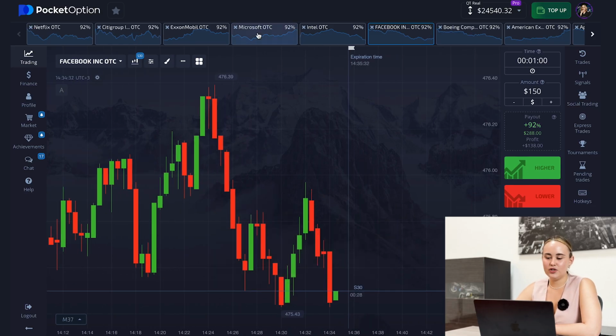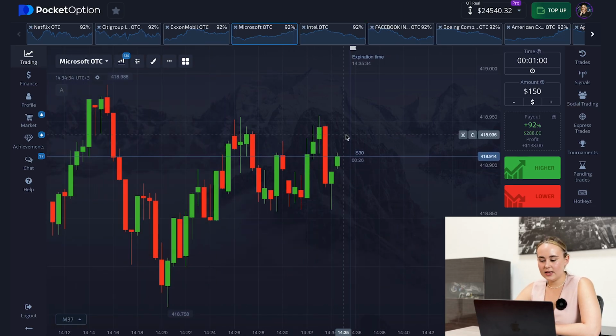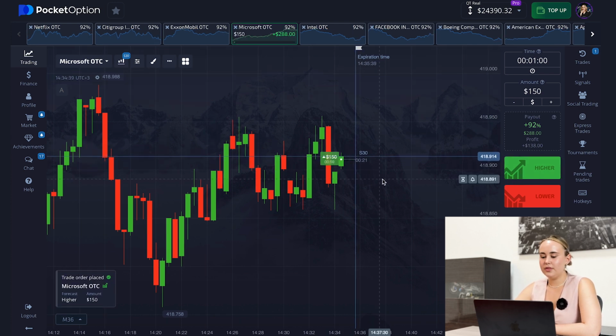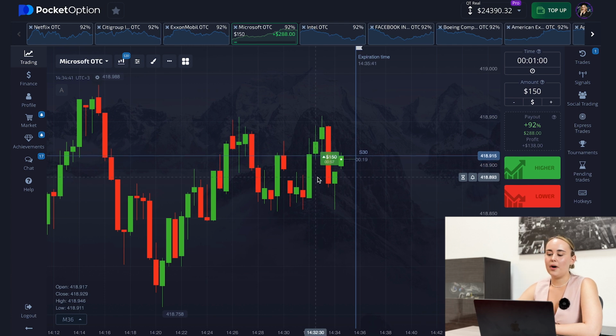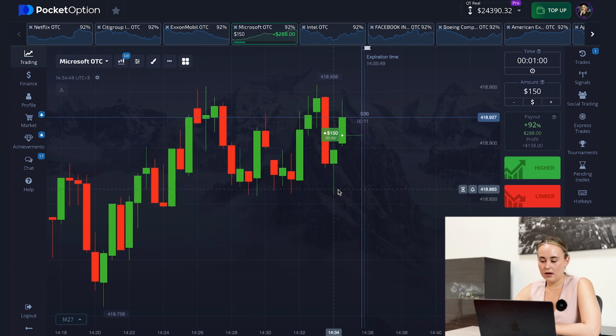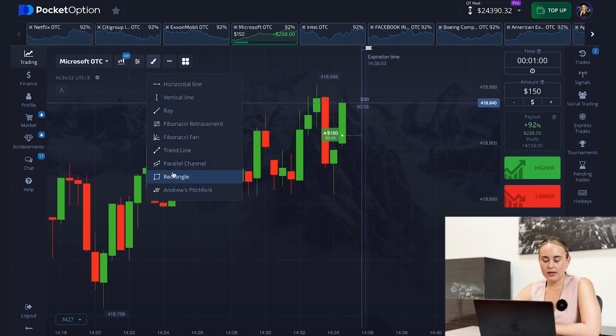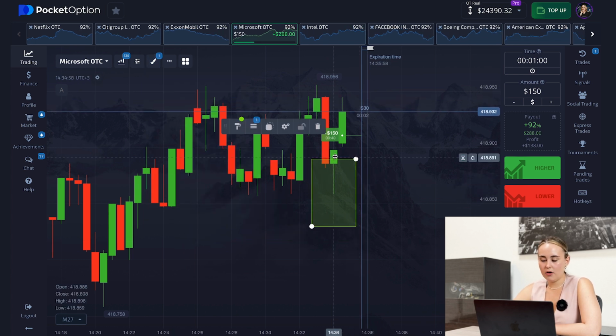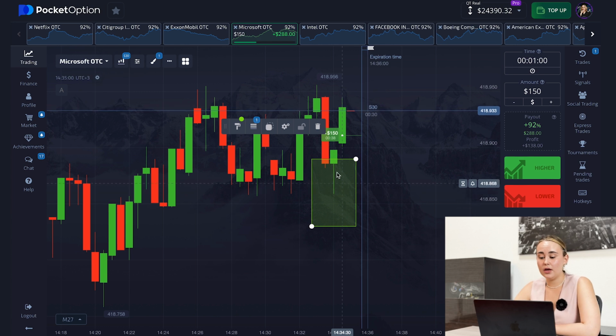So let's choose another asset and let's try. I think this is a great example. So let's put the price higher and let's talk about why I decided to do this. At first we are gonna have a look at our candle right here. So you can see this long wick of a candle or tail of a candle that goes down.